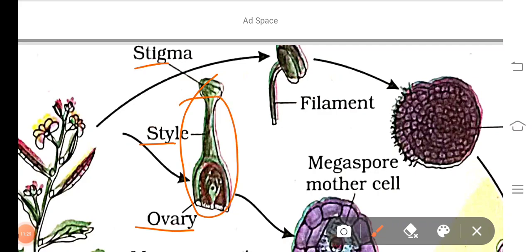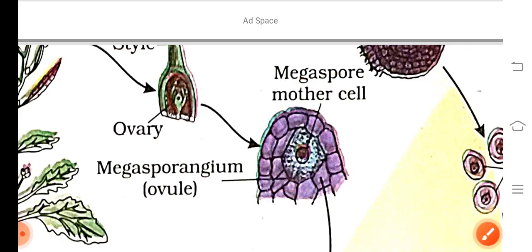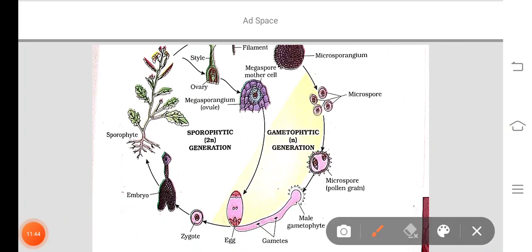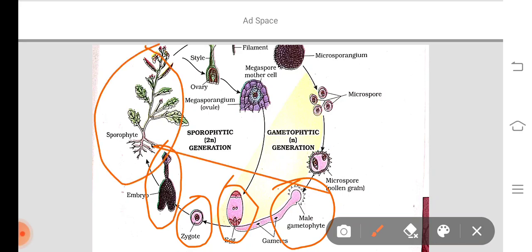Now it forms ovule through megasporangium. Megaspore mother cells and these are the megasporangiums. These will form your egg, which will fuse with the male gamete, form a zygote, which will then form an embryo, which will form a sporophyte, that is your plant.